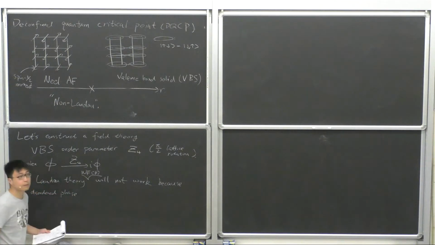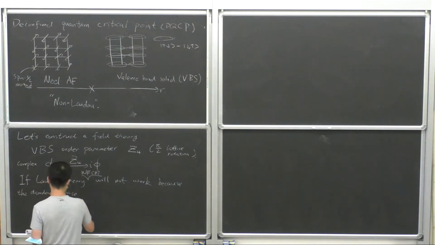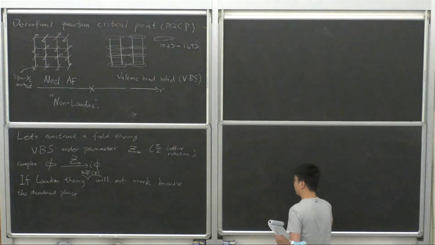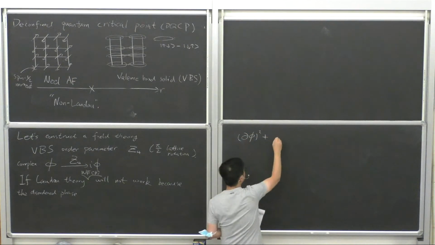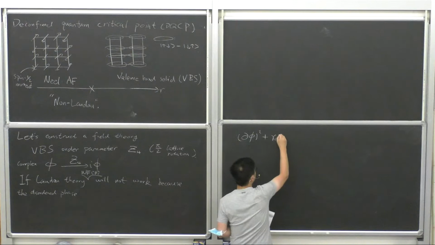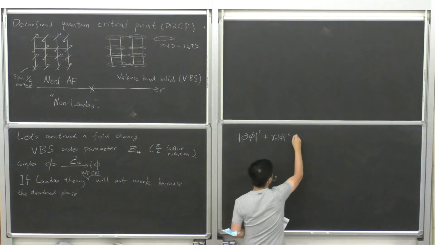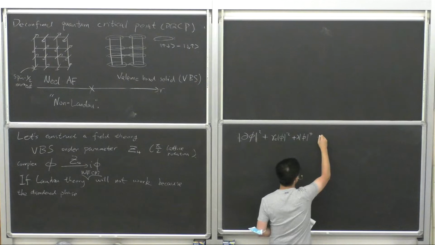Can you write the full Lagrangian? Because how do you implement this Z4 breaking? So you are thinking in terms of the Wilson-Fisher O(2)? Yeah, I'm thinking in terms of the Wilson-Fisher. I'll write down the Lagrangian very soon. Actually, let me just write down the Lagrangian, because I'll use that anyway. So suppose I think in the Landau way, I'll have this, the complex square, phi to the fourth. Importantly, I don't have the full U(1) symmetry.